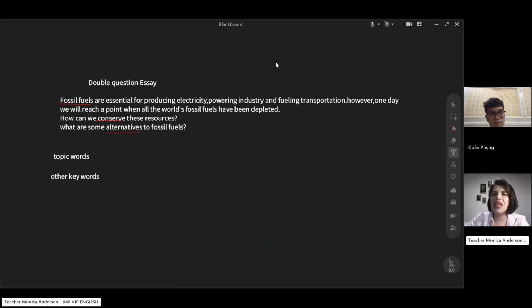What is the meaning of instruction word? Actually, they are the question themselves. For example, how can we conserve what? So they are questions themselves. These words tell you exactly what type of information is required.